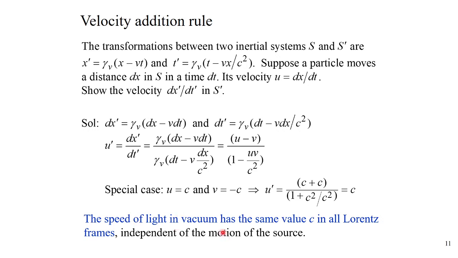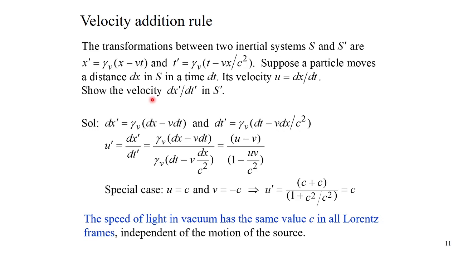The speed of light in vacuum has the same value c in all Lorentz frames, a universal speed of light, independent of the motion of the source. We can verify this easily from the velocity addition rule. So it's impossible to exceed the speed of light from this viewpoint.